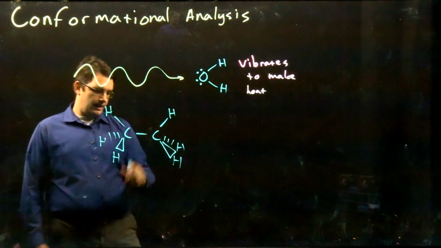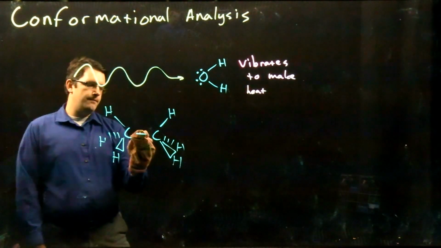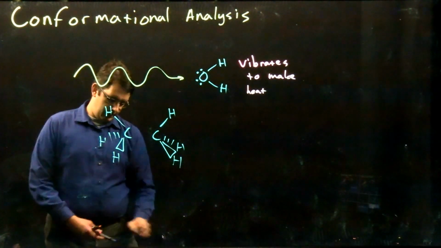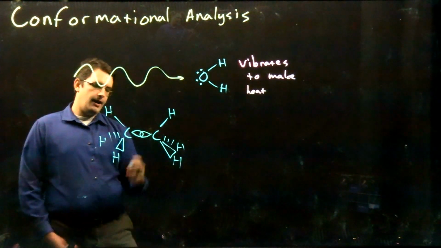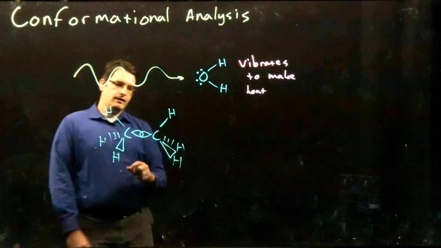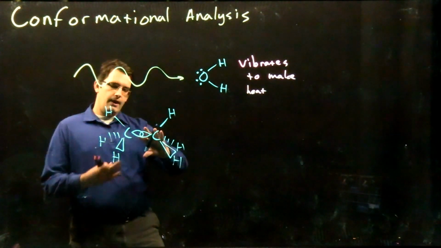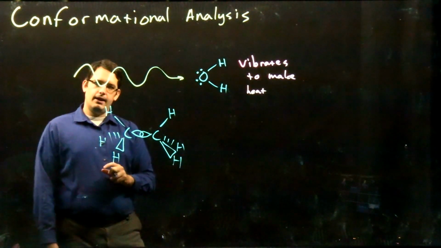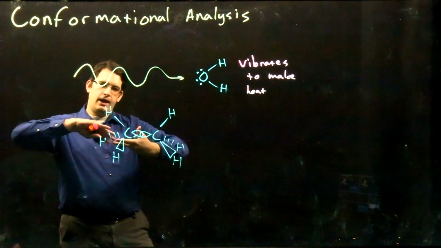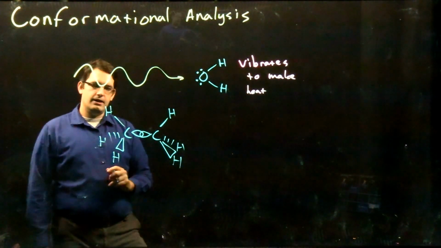So this is all based on the fact that my bond here, if you remember, is a sigma bond, where we have the two heads of our sp3 orbitals overlapping, and so that bond can actually freely turn without breaking, right? I'm just rotating those two heads, and there's no real change in my bond there.